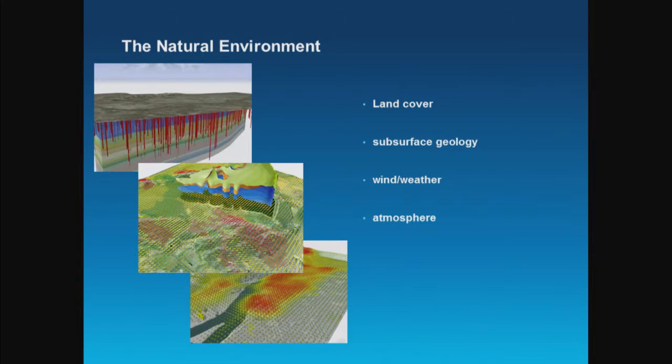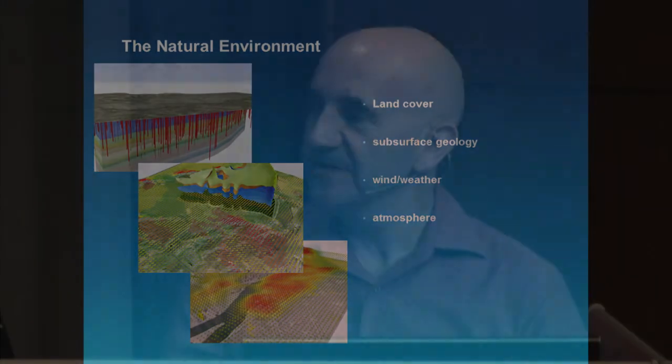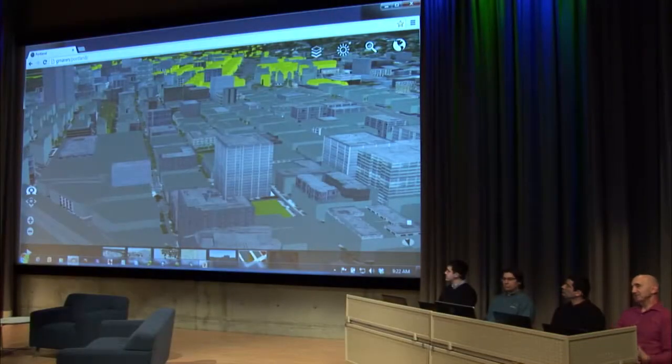Going back to the web scenes that we saw earlier, we've now been able to take that and publish those out. So you can create your models, then take your existing 3D environment.